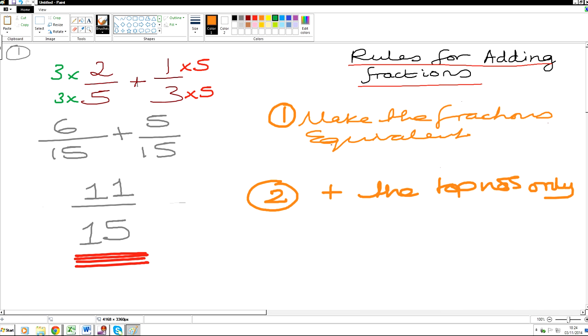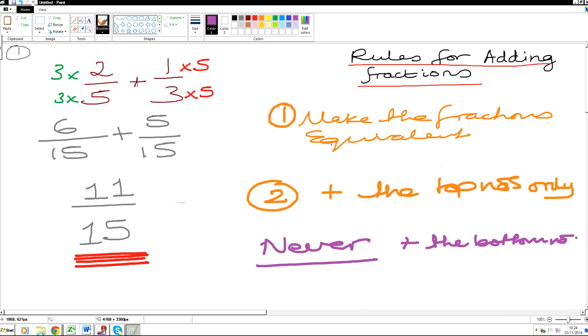Do we ever add the bottom number? So write that down. Never. Never add the bottom numbers.